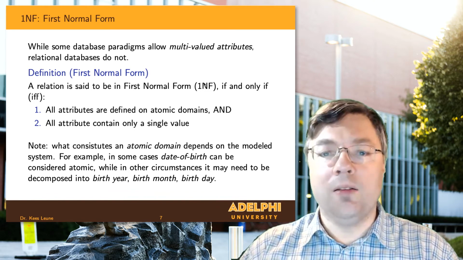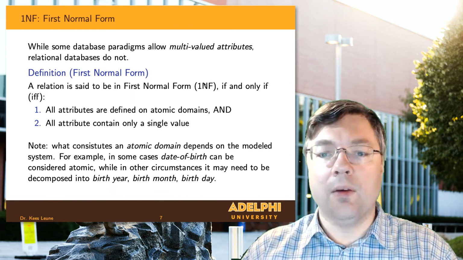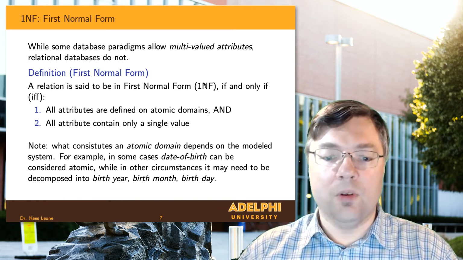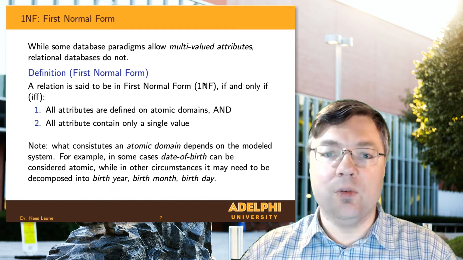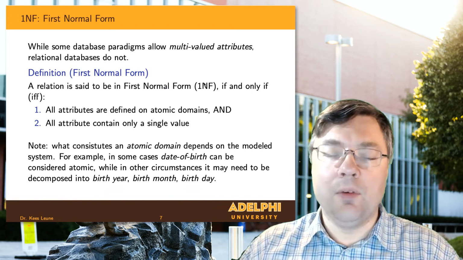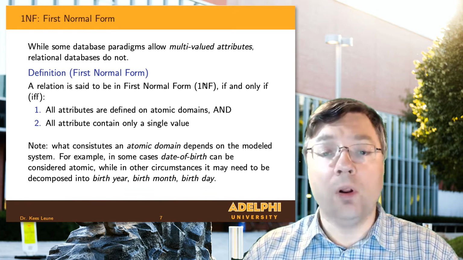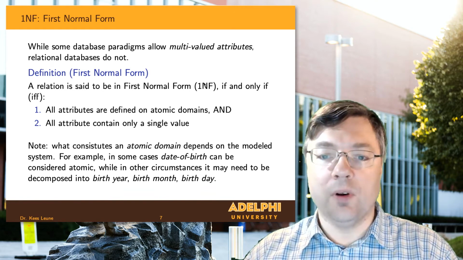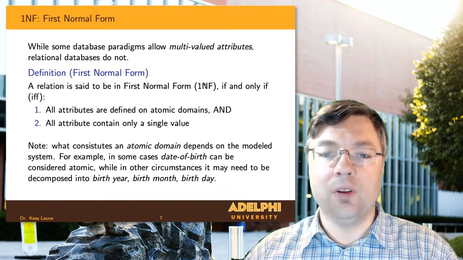Our domain integrity rule already told us that we have to define domains for all of our attributes. What 1NF adds to that is that those domains have to be atomic. Let's take a look at it. So for example, if I want to store someone's home address in a database, I could create a field for home address and let people type the full address in there.